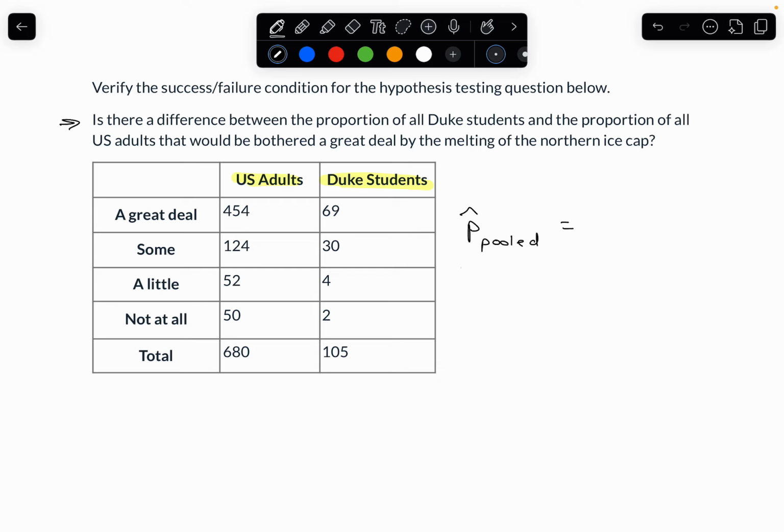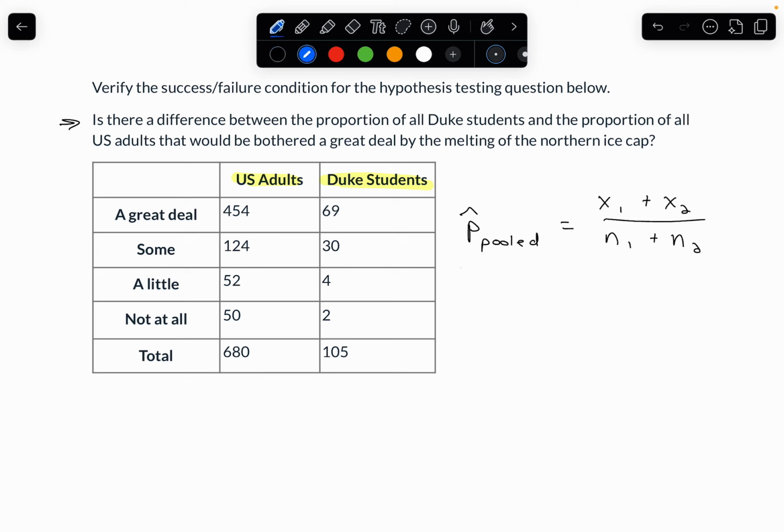So p-hat pooled, the formula that I gave in the notes above is x1 plus x2 divided by n1 plus n2, where x1 and n1 are the number of individuals from each sample that meet whatever criteria we're looking at.